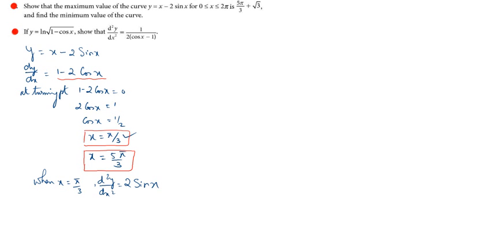So this is equal to 2 into sine pi by 3, which is 2 into sine 60, so root 3 by 2. 2 into root 3 by 2 is equal to root 3, which is greater than 0. So we can say it is minimum.